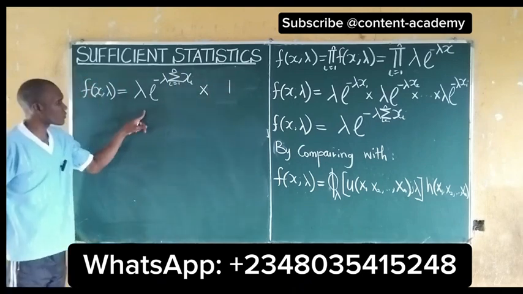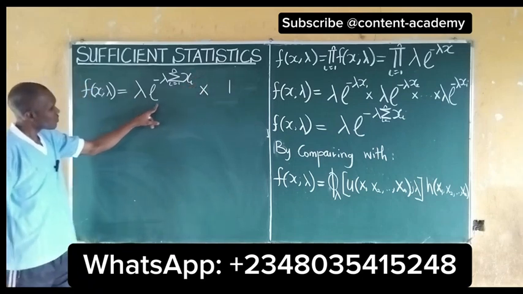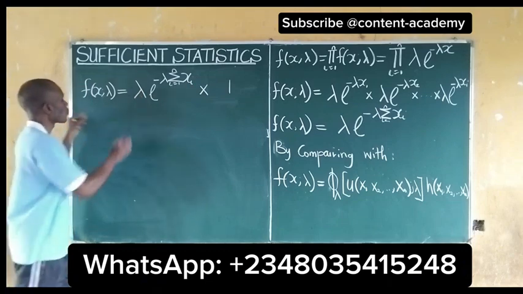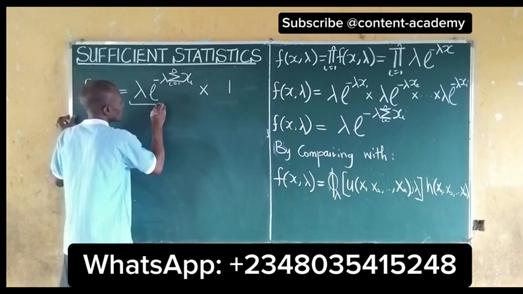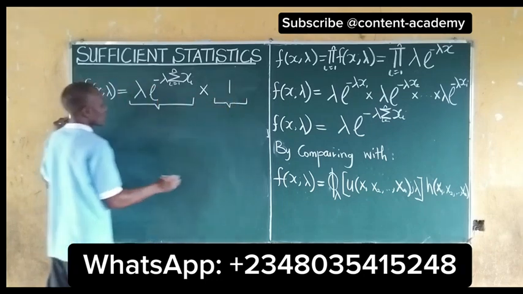The reason is because the whole of this function will always depend on lambda. We cannot separate them. So this, of course, is one of the components, and this is another component.